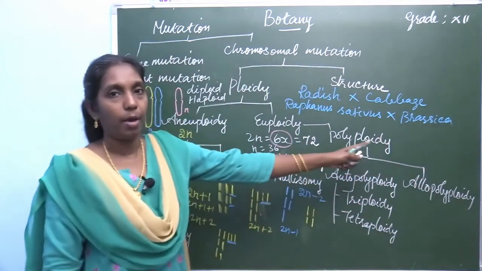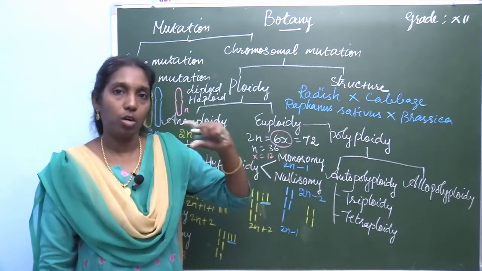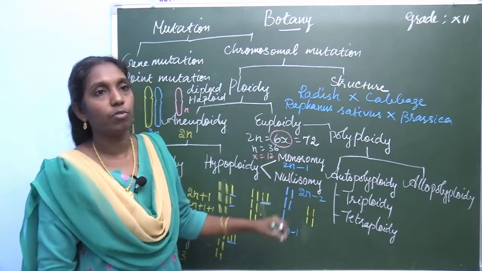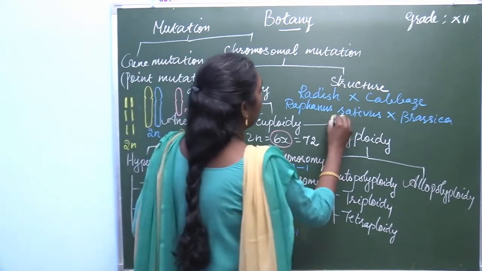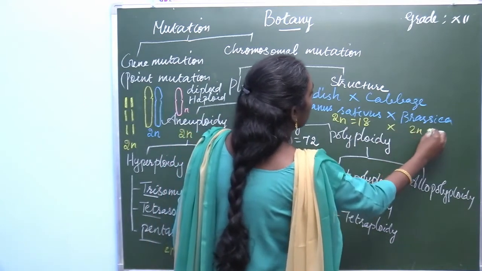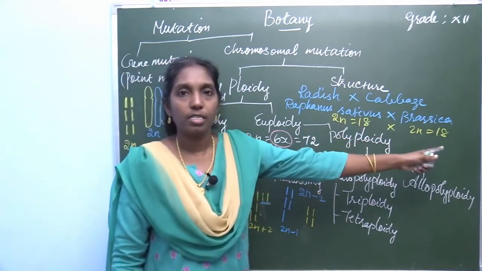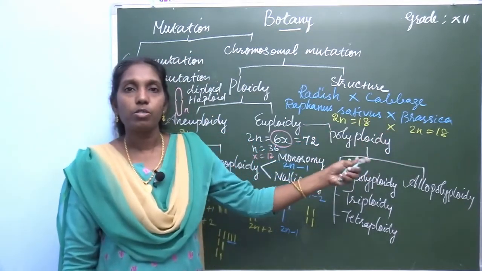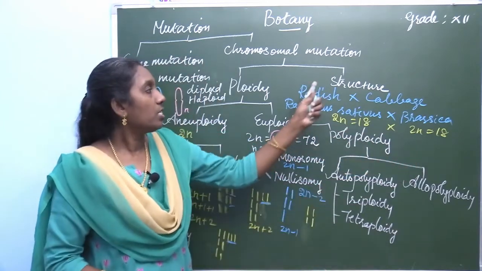When they make a cross, these two organisms possess the diploid set of chromosomes, 2n is equal to 18. Raphanus sativus and Brassica oleracea, the diploid set is 18 and 18. So these are the parents.